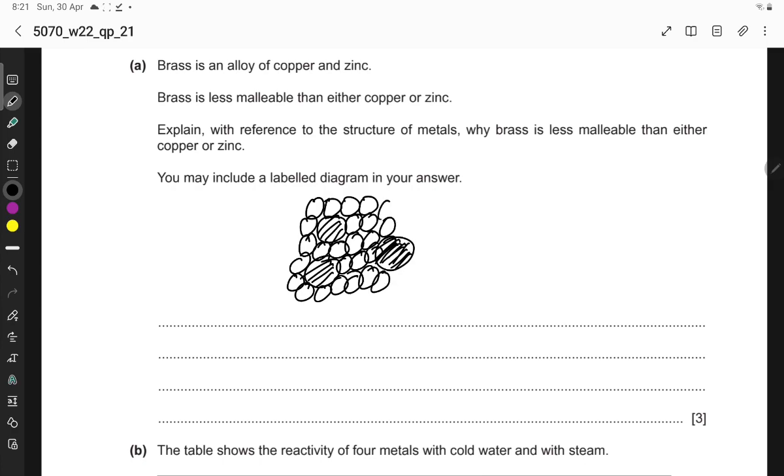So this is the structure of the alloy. This is copper, this is zinc metal.